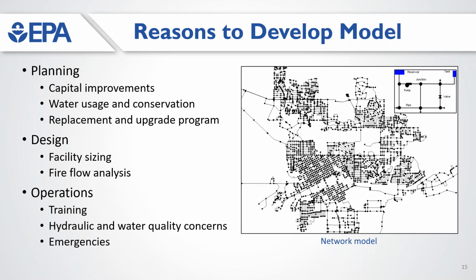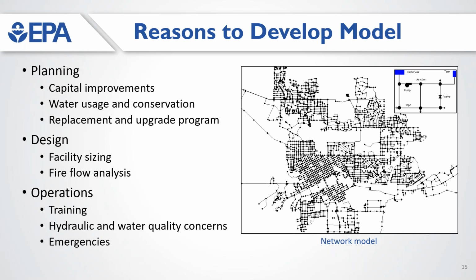Motivation may be forming some needed design, or for better understanding of operations, or how best to solve a particular operational problem. In addition, you can look at designing facilities of different sizes that might be applicable if you're gaining more customers in your system, and also firefighting analysis to make sure that you have the required demands at certain locations to be able to maintain the firefighting capabilities.